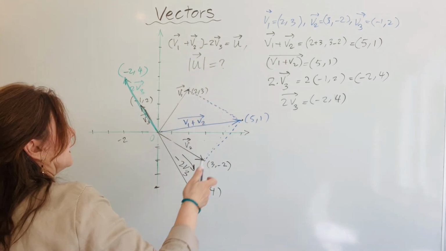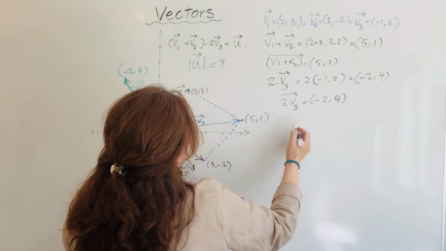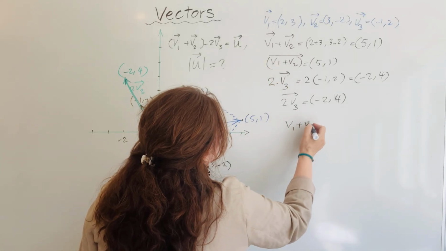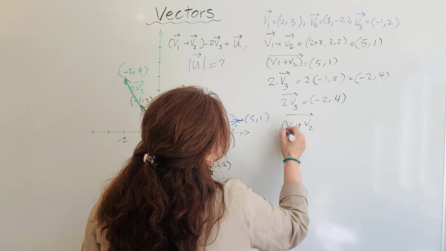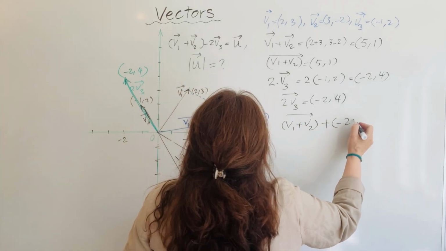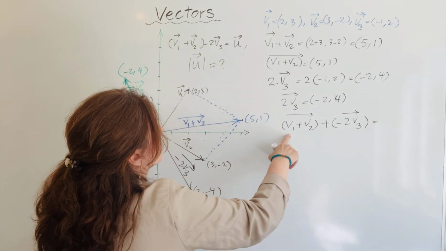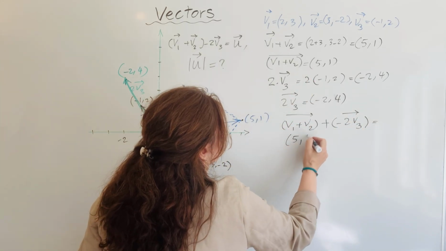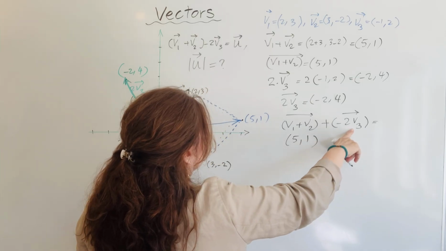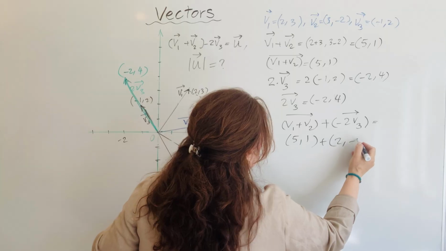How can we find the result? The result is V1 plus V2 as a vector, plus negative 2V3. What was that? 5, 1. The coordinate of this one, negative 2V3, is 2, negative 4.